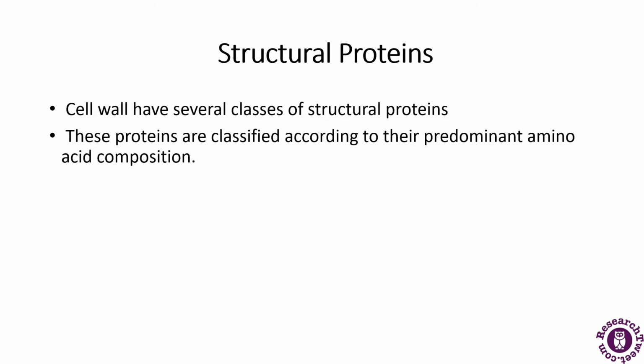Next, various structural proteins. The cell wall also contains various kinds of structural proteins, usually classified according to their predominant amino acid composition.